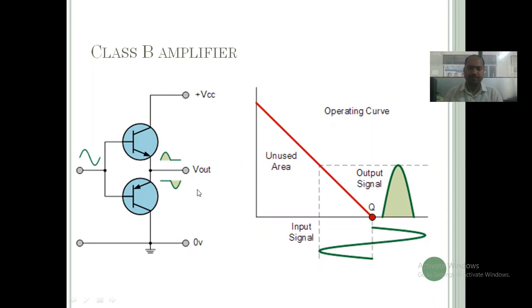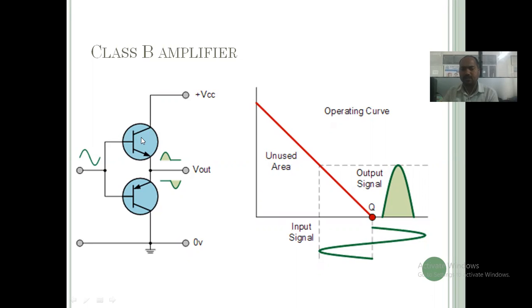This is the diagram of the class B type of amplifier. For any amplifier, the signal we apply should be a sine wave, and the output is also a sine wave. The sine wave signal is applied across the input.